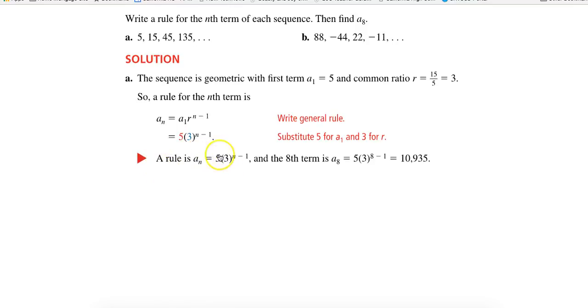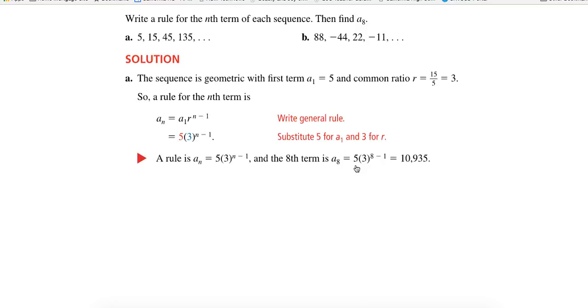So our nth term formula is 5 times 3 to the n minus 1. To figure out our 8th term, we just substitute. For n, we put in 8. So we get 8 minus 1 is 7. We get 3 to the 7th, which is a big number, and multiply that by 5.